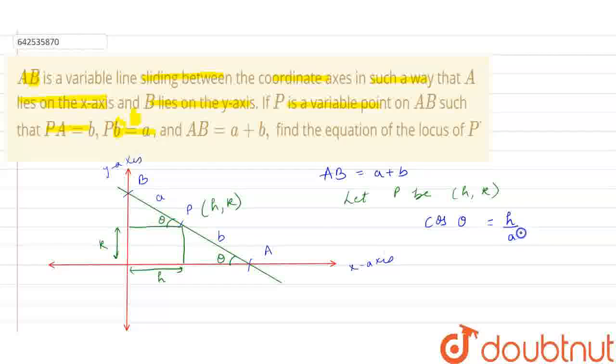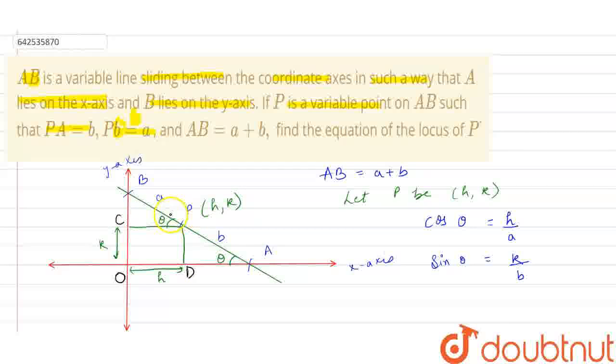If we need to find the value of sin theta in the same triangle, then it will be k by b. So let's make one thing clear. Let us name these triangles so that we do not get confused. Let us take this point as C, this point as O and this point as D, right?